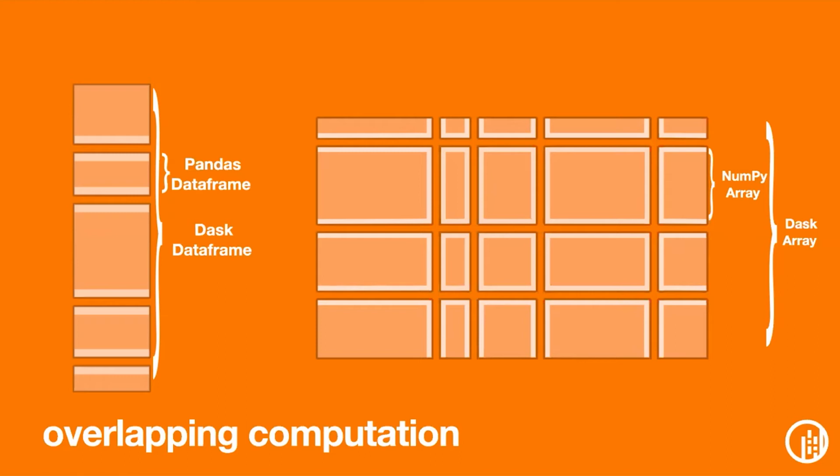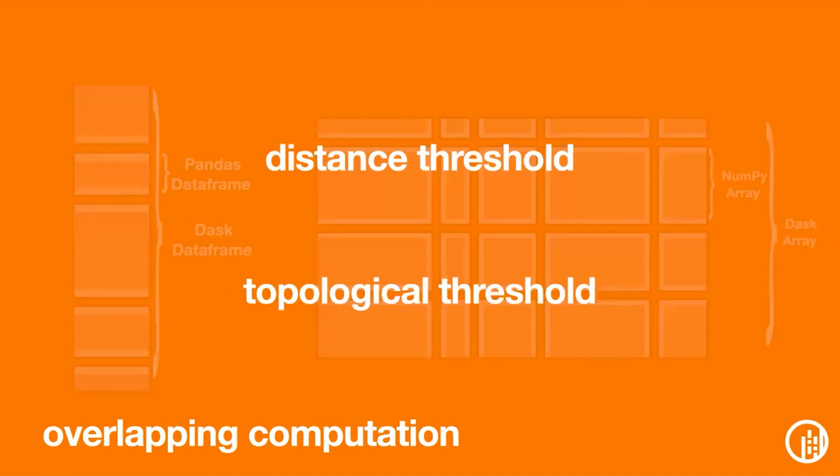But this is not so straightforward when we talk about vector data, because first of all, we often don't even know which kind of overlap we need. Sometimes we may work with a distance threshold. So let's assume again Stefanie's points, we need everything within 1 kilometer. Relatively simple to say, maybe slightly expensive to actually compute.